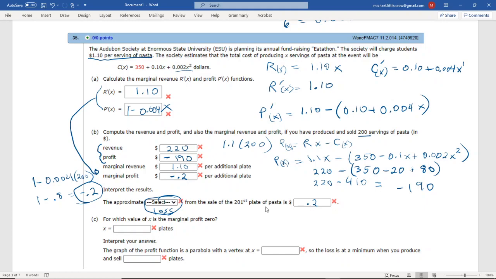Okay, for which value of x is the marginal profit 0? Well, now we take our marginal profit, 1 minus 0.004x, and we set it equal to 0. Again, we'll add 0.004x to both sides. So we get 1, and then you take 1 divided by 0.004, and it's going to get you about 4,000.